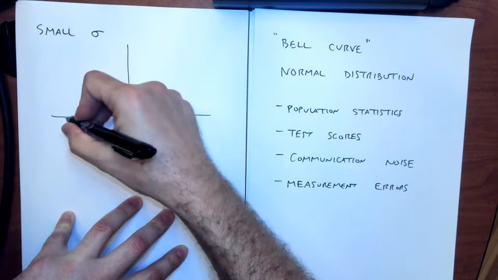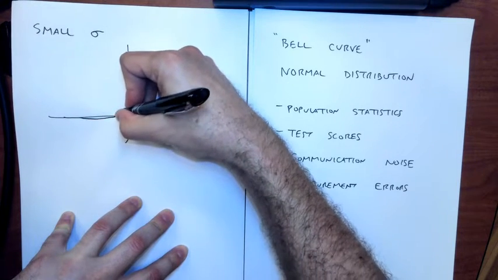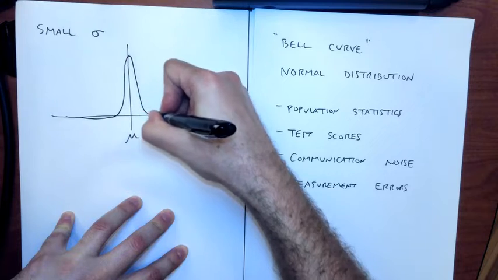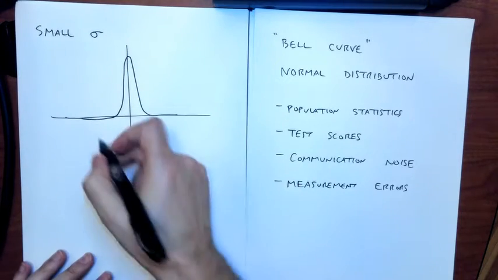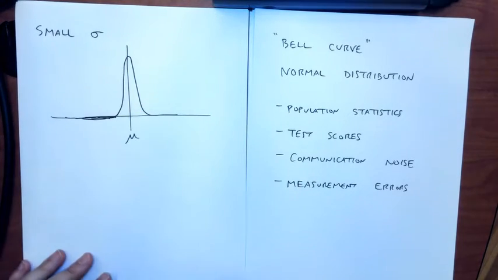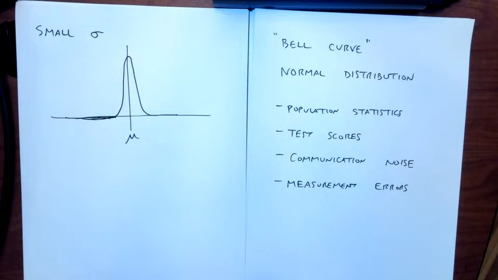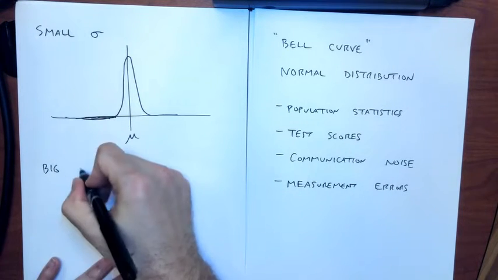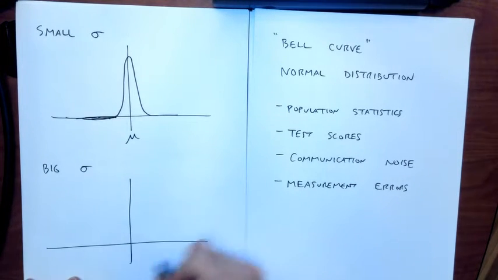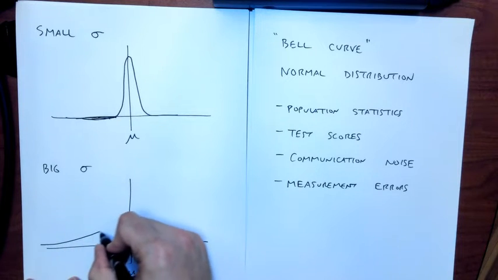So if I were to plot my distribution, it might look something like this, right? It doesn't go below the axis, that's poor drawing, right? But super peaked around the mean, right? Whereas a big sigma is a little bit more spread out, maybe something like this.